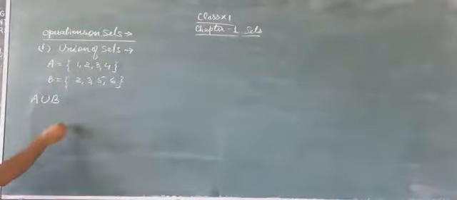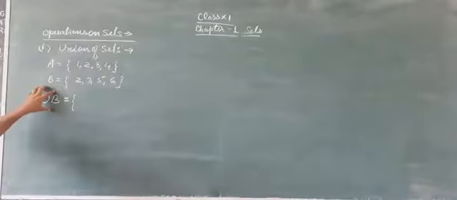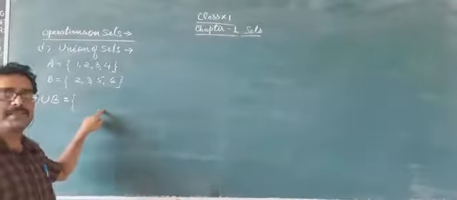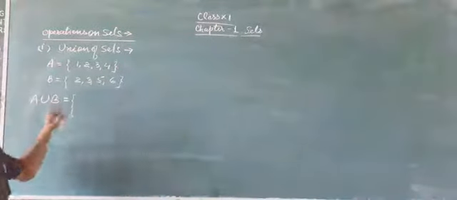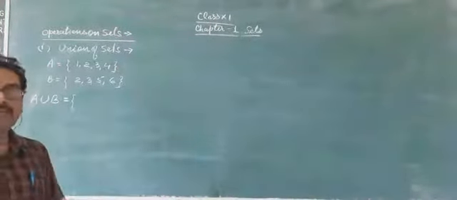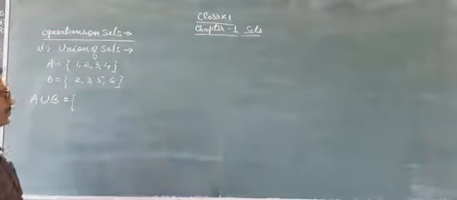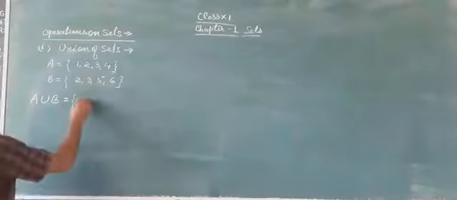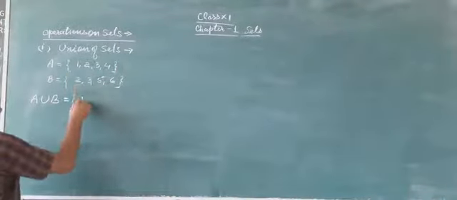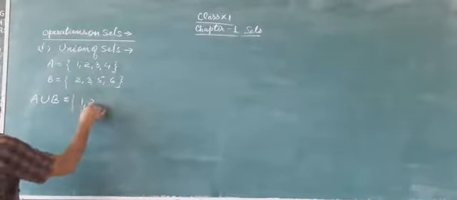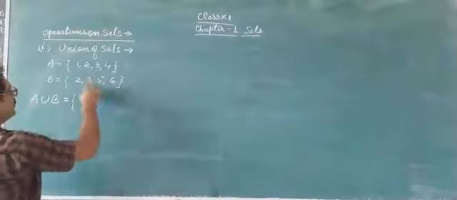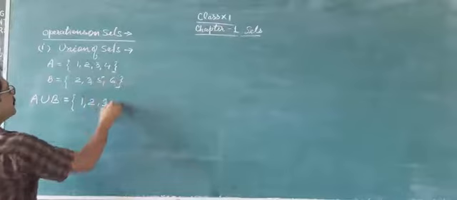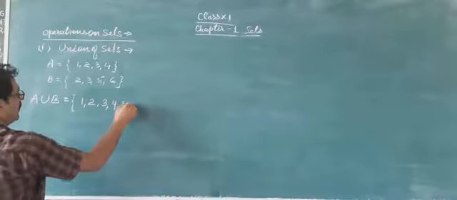So A union B means a set in which all the elements of A and B will lie, but the condition is that each element is always written once. So 1, 2, we write 2 one time, 3, 4, 5 and 6.